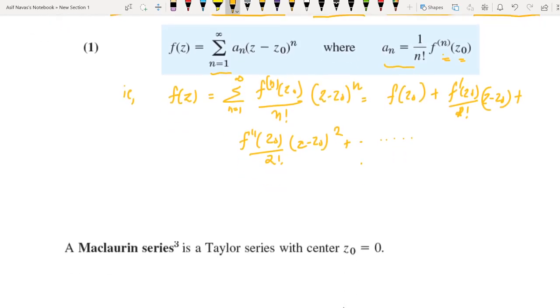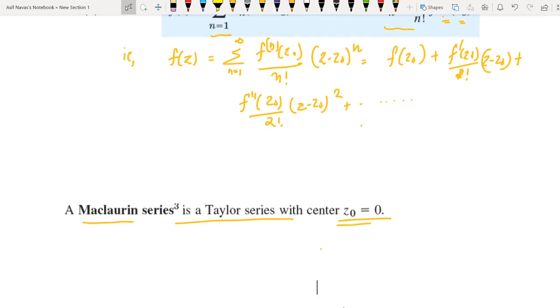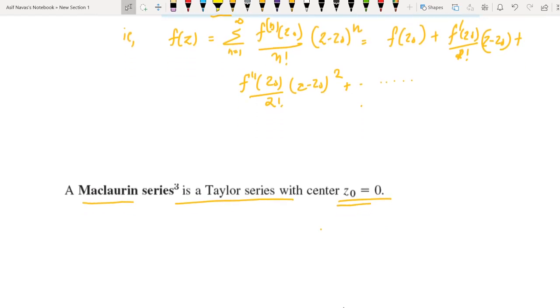Now, a Maclaurin series is a Taylor series when z naught is equal to 0. So if you replace z naught by 0, we will get the Maclaurin series.